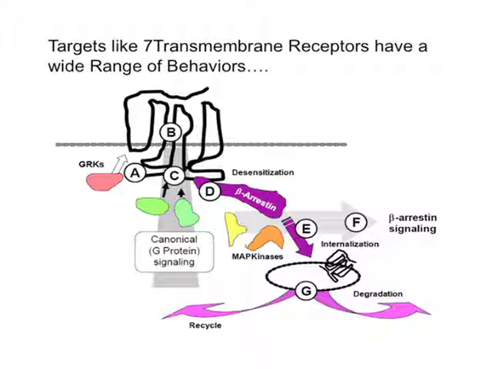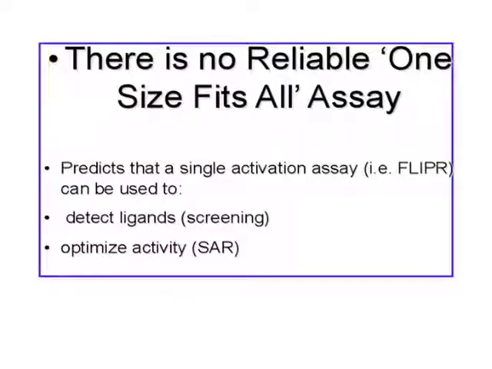This too can signal, and so forth. And there are different assays that will tell us these different activities. And so this is making us step away from what was once a habit of saying we have an assay and it will tell us everything that target will do, a one-size-fits-all assay such as calcium transient. This is just one way to see activity. There are many other assays now that tell us different activities.